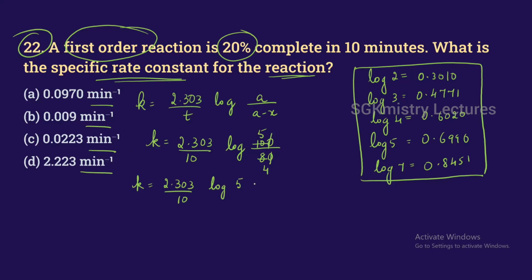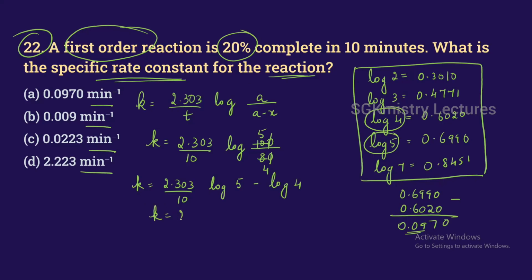That means log 5 minus log 4, right? Then we have log 5 value, log 4 value: 0.6990 minus 0.6020. Okay. So we have 0.097.